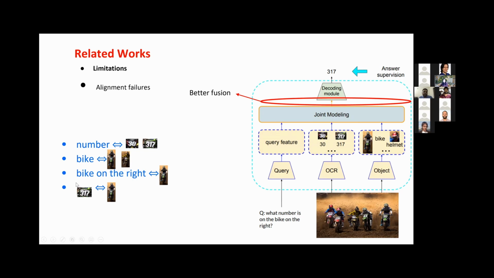And sometimes the system also needs to do more fine-grained alignment, like the bike on the right referring to some specific bike that we are interested in. We summarize this alignment as visual text alignment.